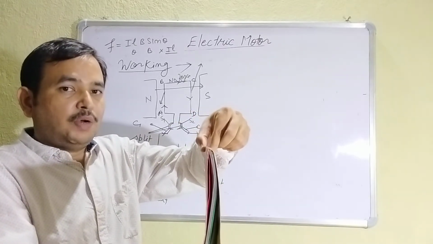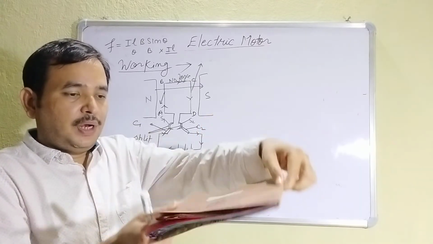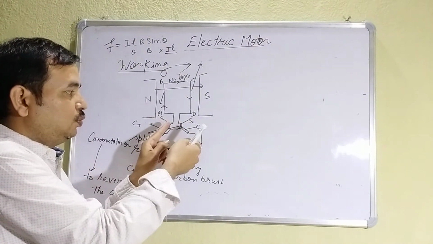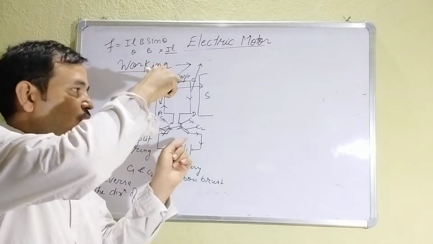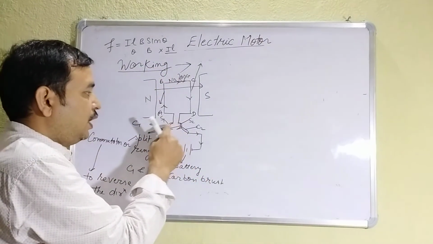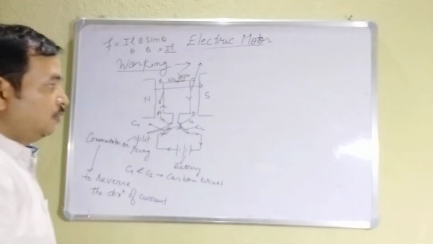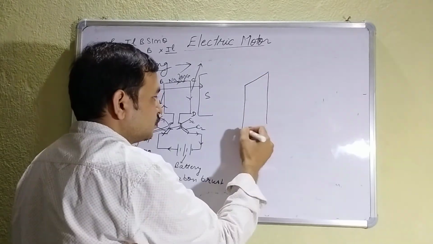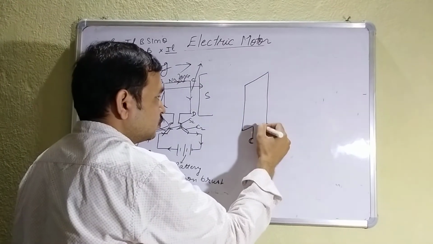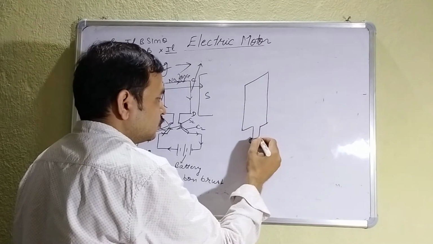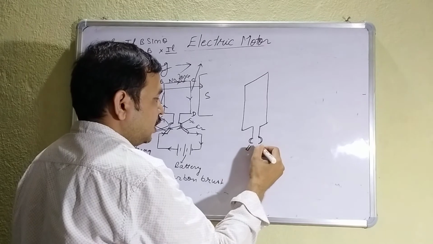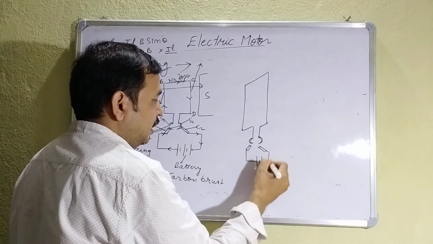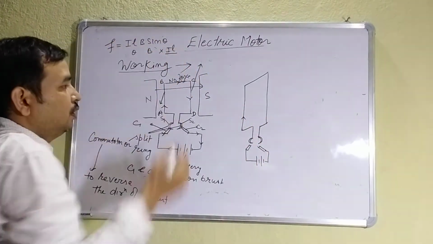After 1/4 rotation here, you can see that this split ring S2 will move upward and S1 will come downward, means they will get disconnected from the carbon brush. So there will be no power supply to this one, and there will be no current. If there is no current, there will be no force.